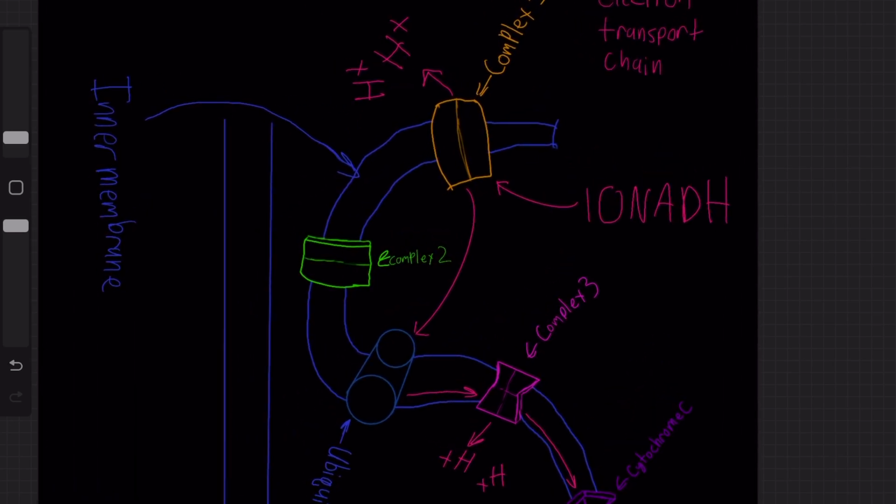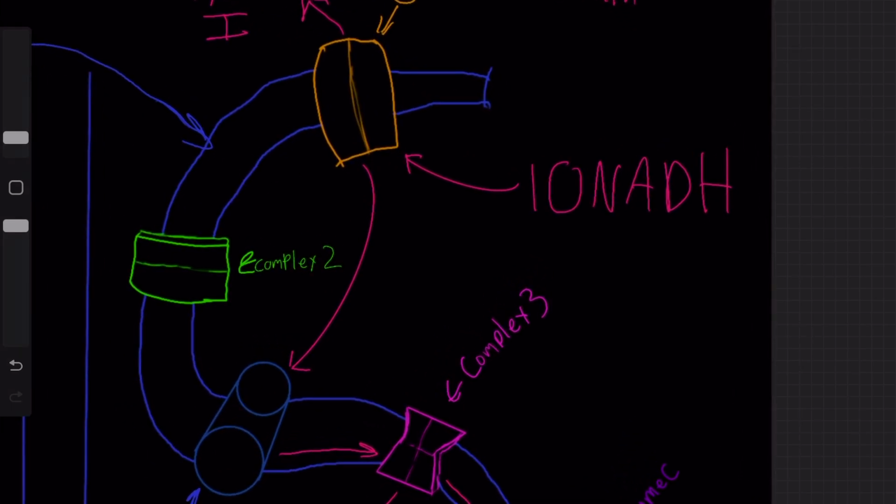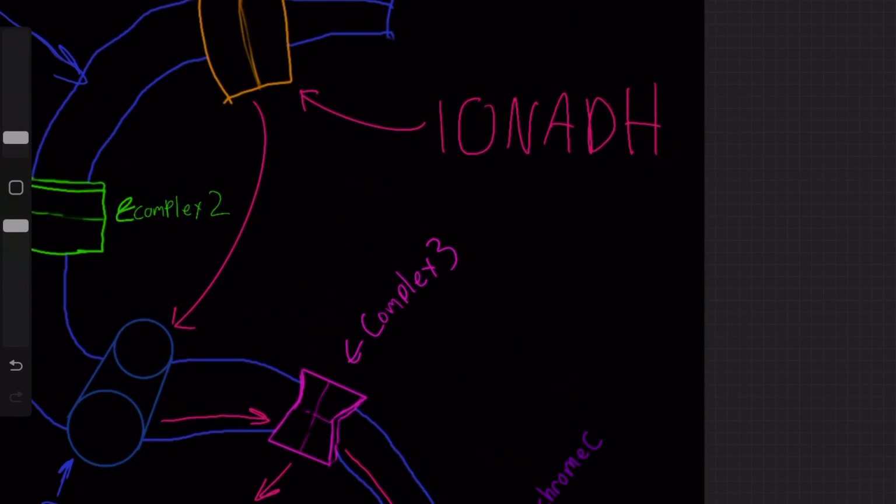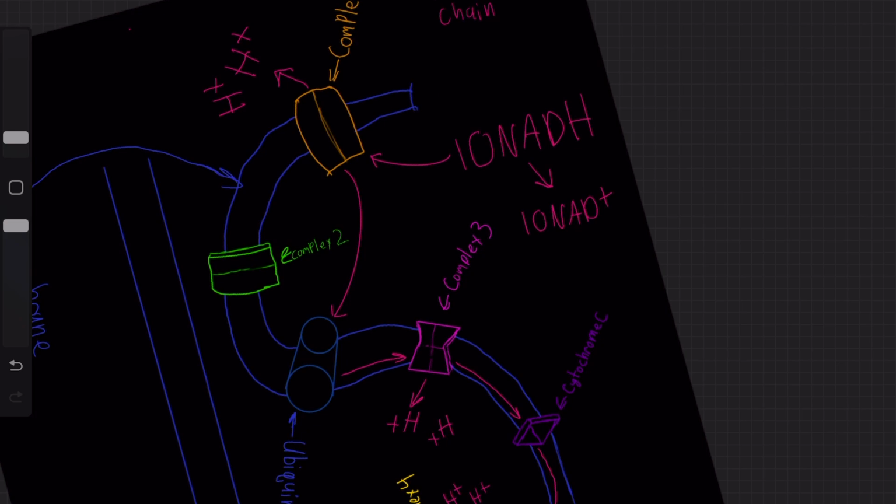NADH will go to complex 1. And remember, when NADH drops off the electrons, it will turn into NAD plus, empty trucks, which again will be cycled back into glycolysis, pyruvate oxidation, and the Krebs cycle.